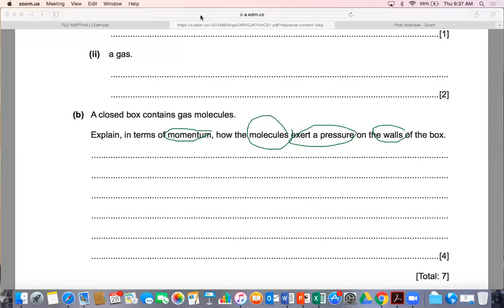Then we're talking about pressure. How do we relate pressure to the momentum? Because when we answer, we want to make sure that each sentence connects with one another. So how do we relate pressure with momentum?